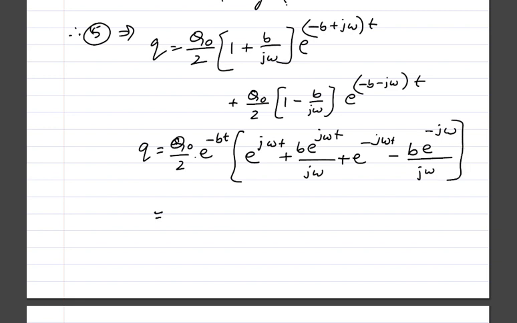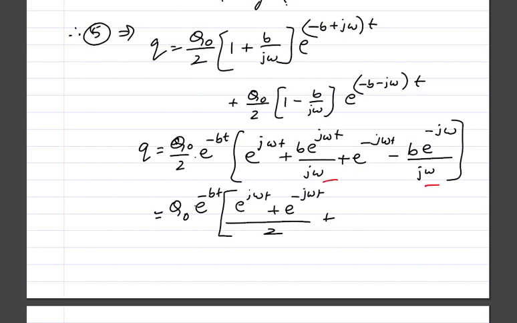Again you do the rearranging of the terms a little bit, and q naught into e to the power minus bt, I take 2 inside, so e to the power j omega t plus e to the power minus j omega t by 2, plus b by j is common in these two.